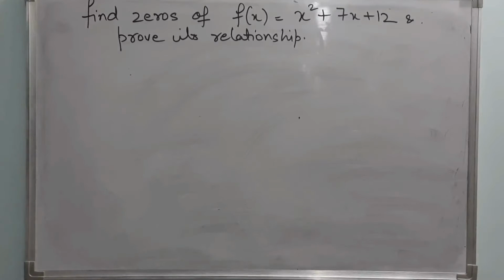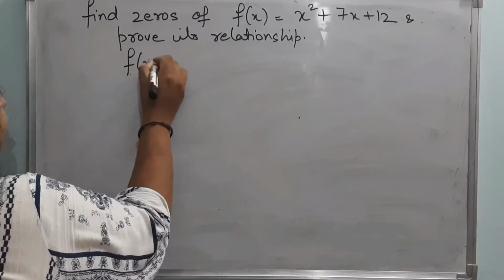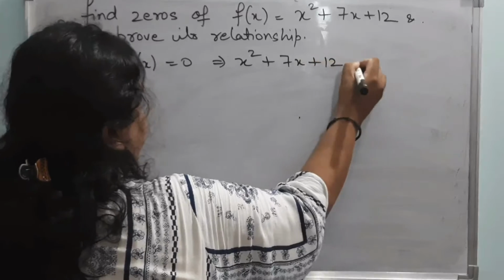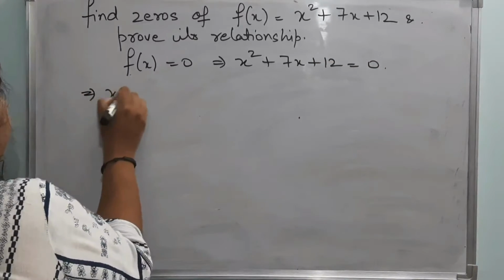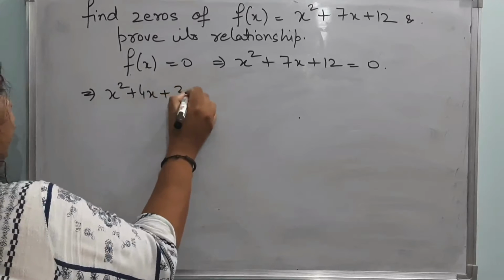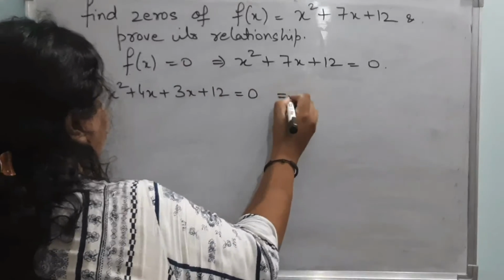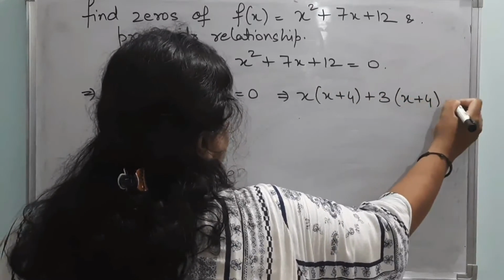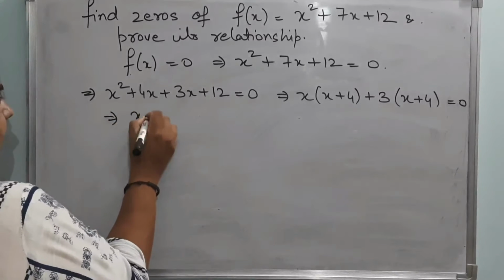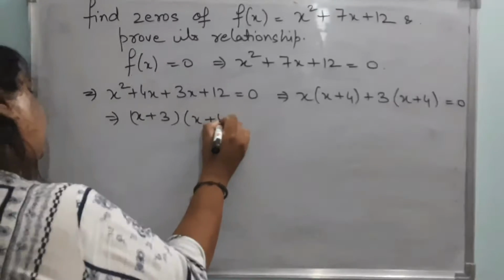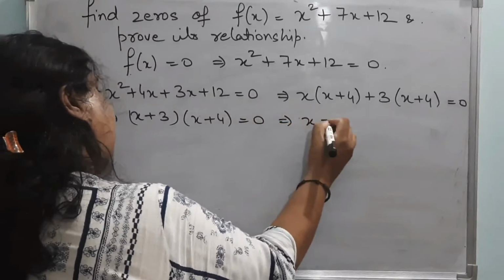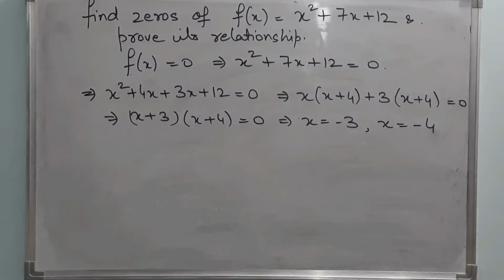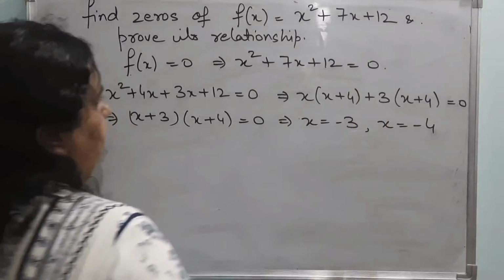First of all, find the zeros. f(x) equals 0, which implies x square plus 4x plus 3x plus 12 equals 0, x(x plus 4) plus 3(x plus 4) equals 0, which implies (x plus 3)(x plus 4) equals 0, which implies x equals minus 3, x equals minus 4. So these are the zeros of the quadratic polynomial.